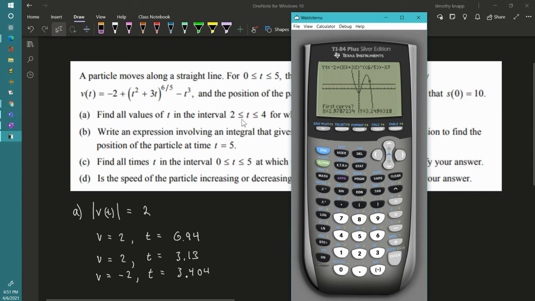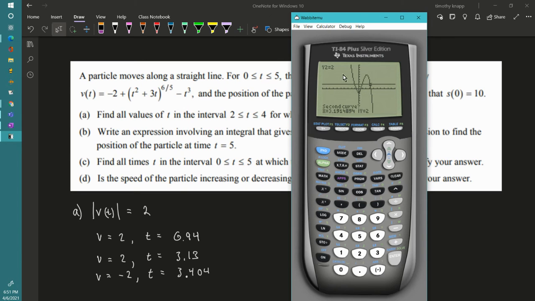Remember, I'm looking from t equals 2 to t equals 4. So it looks like I've got an intersection right here. So I'm going to move over to that as close as I can. And then you have to hit enter about 3 times, because the first enter tells you that you're going to use this graph. The second enter means you're going to use that graph.